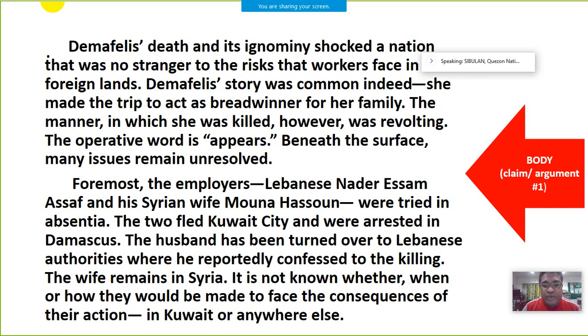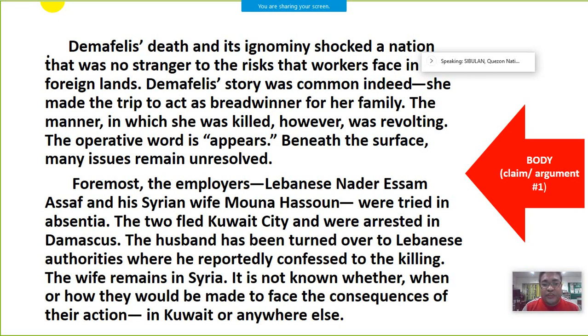The wife remains in Syria. It's not known whether, when, or how they would be made to face the consequences of their action in Kuwait or anywhere else. Now, it justifies the position made that it appears justice has been served. Simply, the writer would like to say the justice is not yet complete.